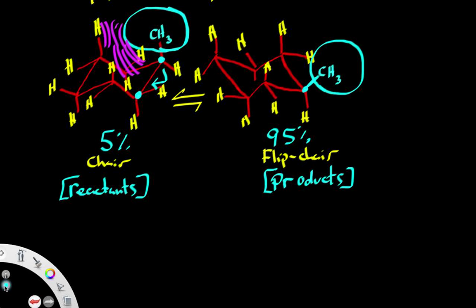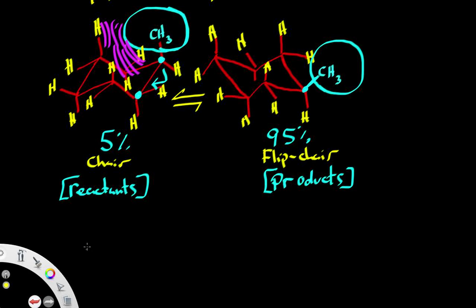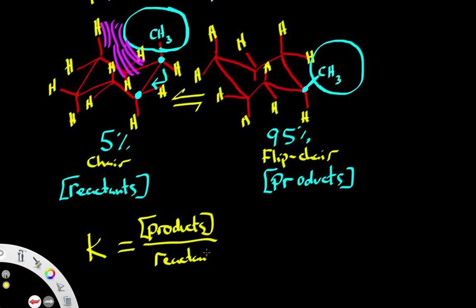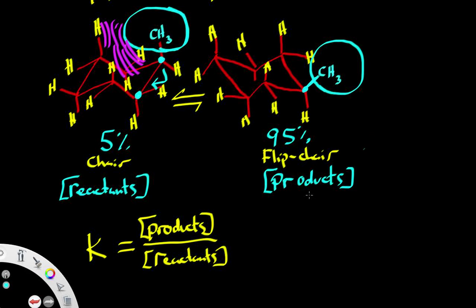We will now show a K value that looks something like this, where we have our products over our reactants. But remember, our products are going to be 95% relative to the 5% of the reactants.